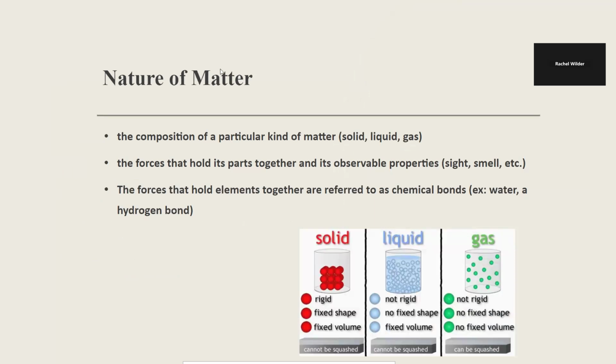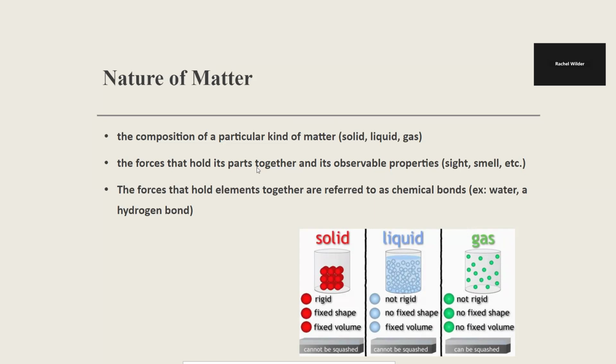The composition or the nature of matter is going to refer to its state, the forces that hold its parts together, and chemical bonds. So the nature of matter is the composition of a particular kind of matter, whether something is a solid, a liquid, or a gas.